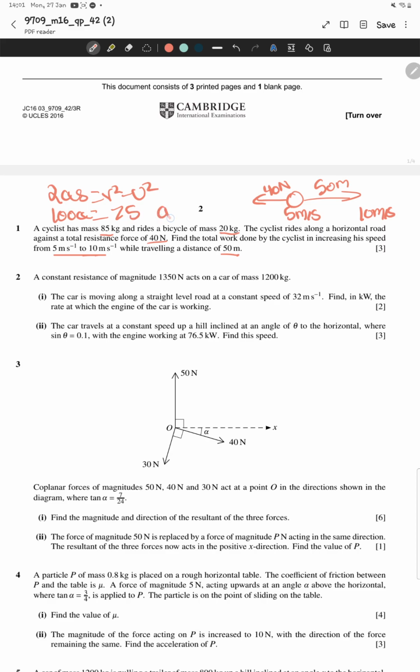So a is equal to 0.75 meters per second squared. So we have the acceleration. So F is equal to ma. This is the resultant force. m is the total mass, which is 85 plus 20, which would be 105, into 0.75.